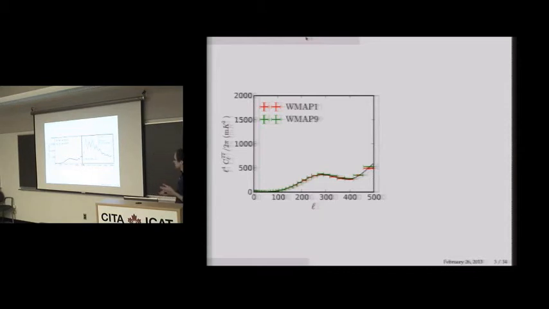So the point here is that although it's really useful to measure these peaks with increasing precision, you're not going to discover a new peak, right? The discovery potential for the CMB in the power spectrum, at least, was achieved a long time ago.